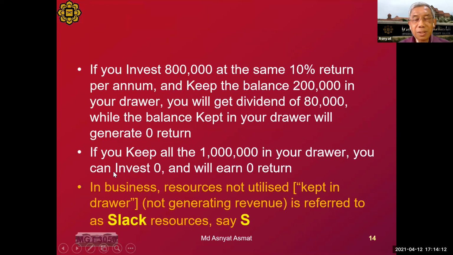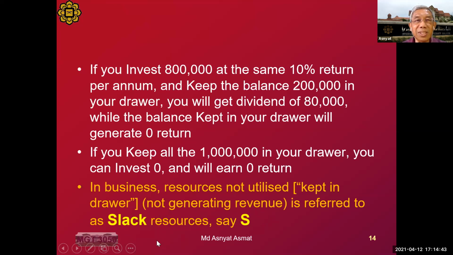So in a business environment, resources like this money that you keep somewhere and don't generate anything, we refer to as slack resources. Or if we don't have the opportunity to use it, we also refer to this as slack resources. Let's say we refer to this slack as S.